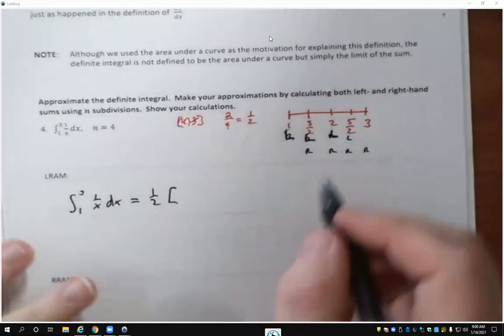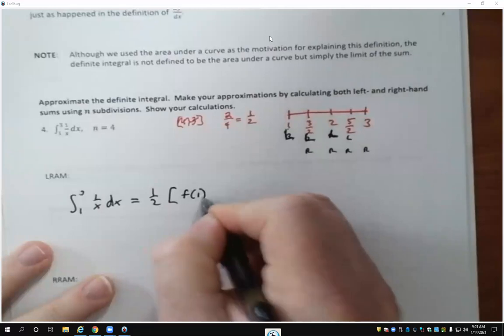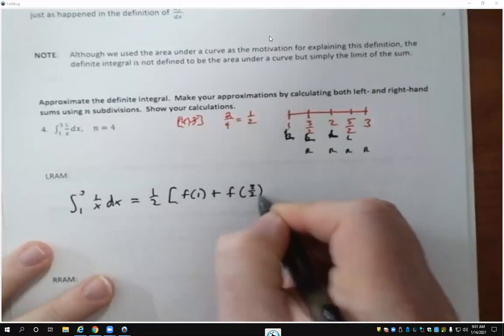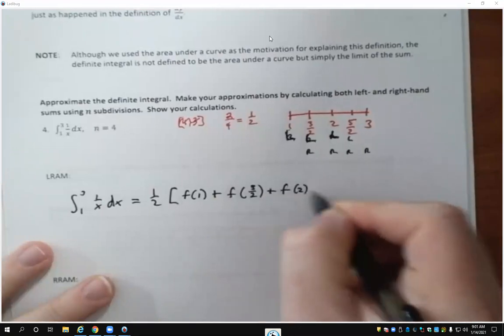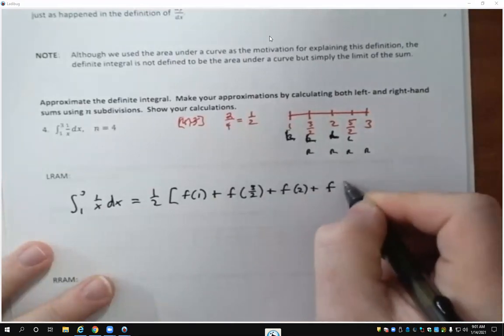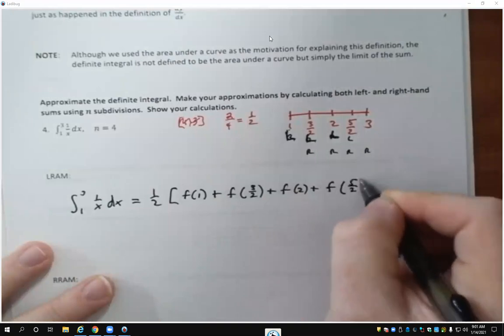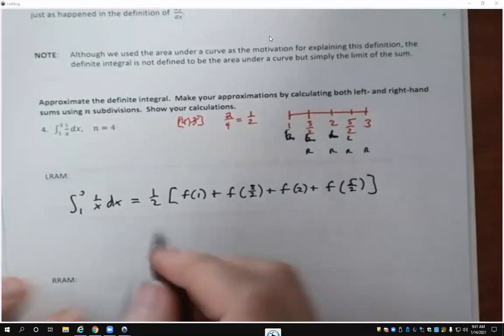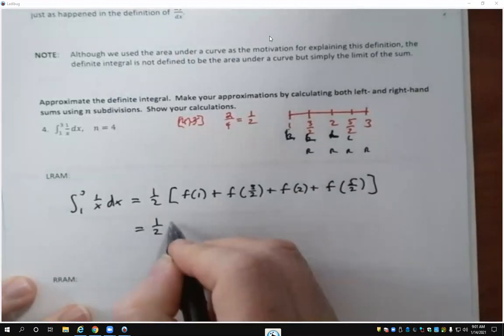So it's going to be f of 1 plus f of 3/2 plus f of 2 plus f of 5/2. Four numbers that we need the y values for. The algebra obviously gets a little trickier.